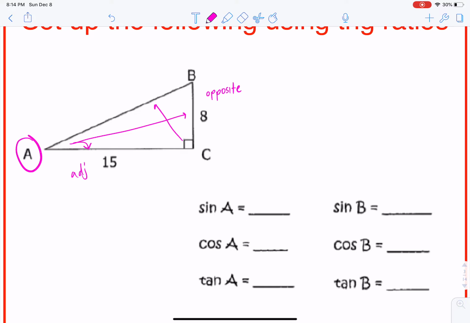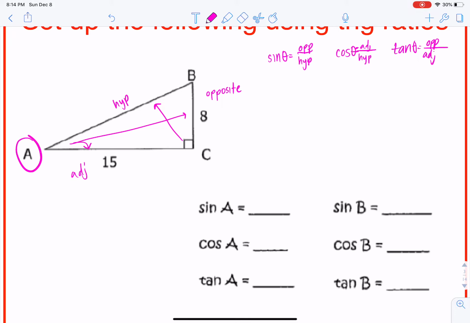And the side that's directly across from the right angle is my hypotenuse. So let's just go back: when we talk about sine of theta, I have the opposite over the hypotenuse. Cosine of theta, I have the adjacent over the hypotenuse. That should be an equal sign there. And tangent of theta, I have the opposite over the adjacent.